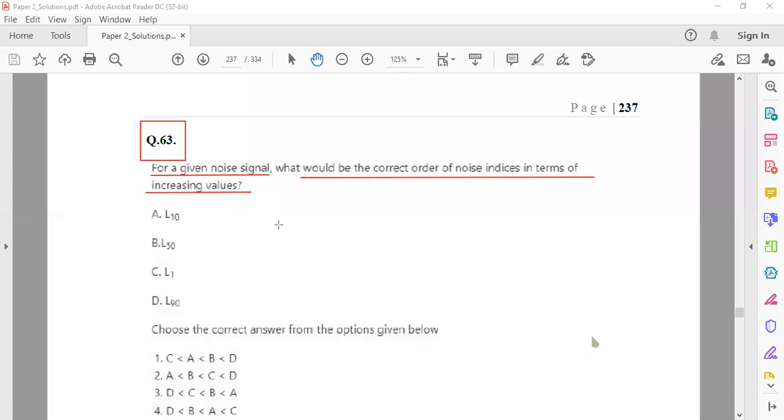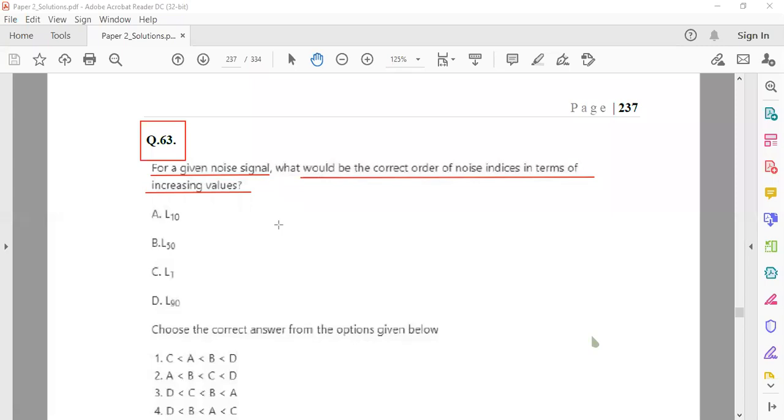Then L50, that 50% of the time the experimental values are higher than that. Then we have L10, then L1. When you talk about values in terms of magnitude, you will see that L1 comes out to be more than L10, then L50, then L90.